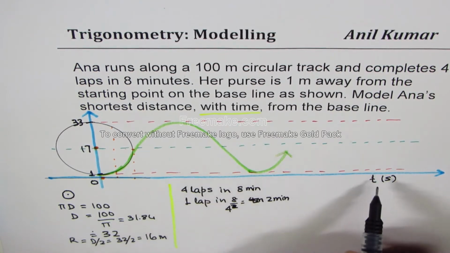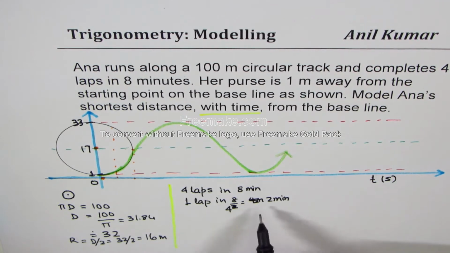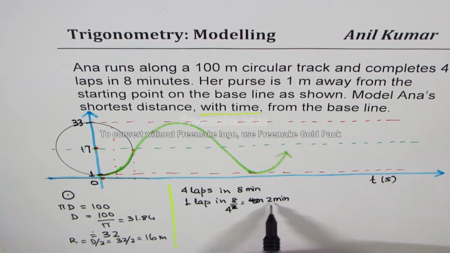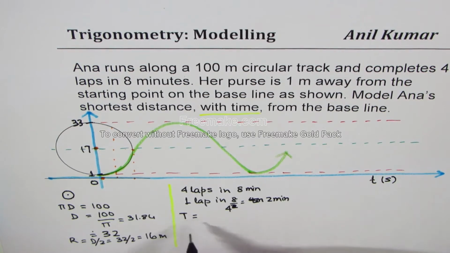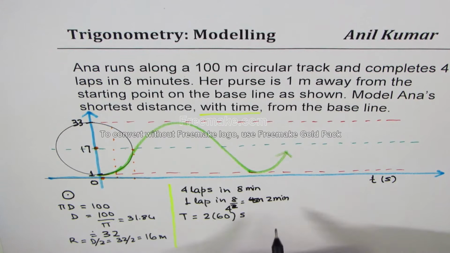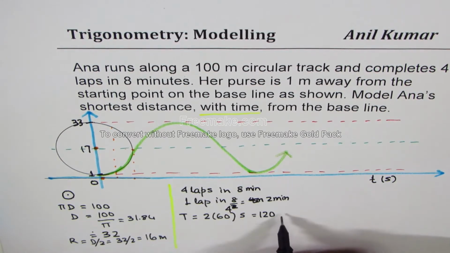So you could have a time period in minutes also, no problems, or you could have it in seconds also. If you want to make it in minutes, you can keep this in minutes. Time period will be 2 minutes, but I'll prefer to put it in seconds. So we'll say time period is 2 times 60 seconds, which for us will be 120 seconds.